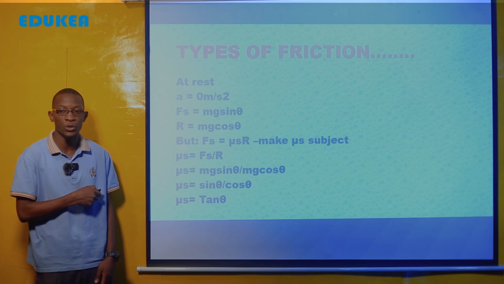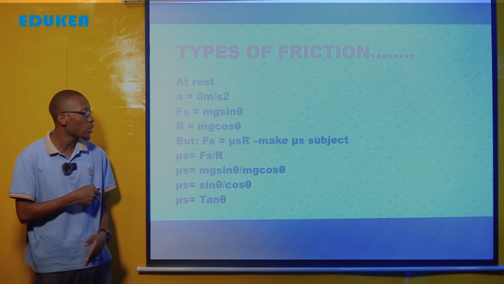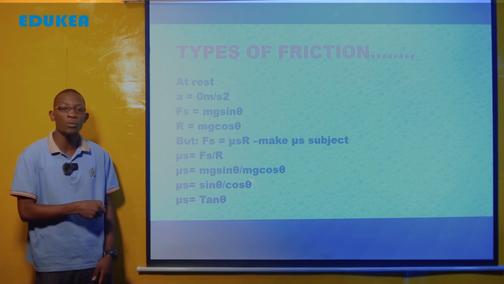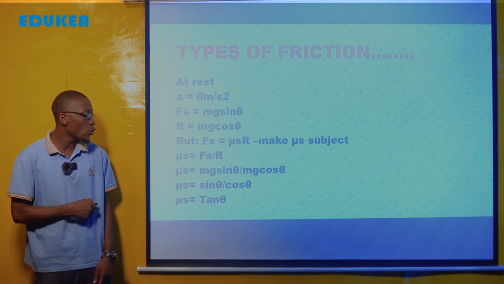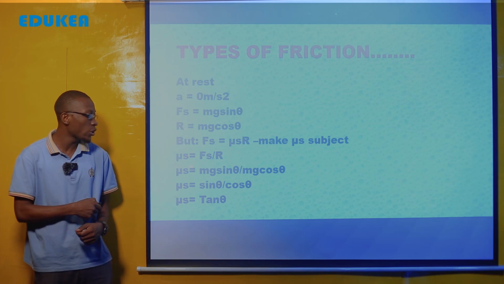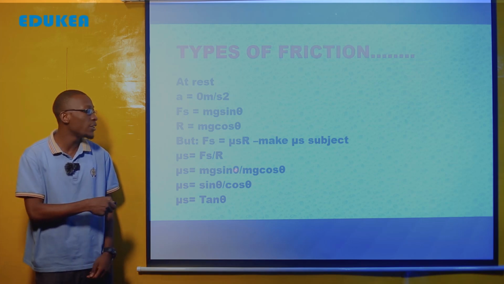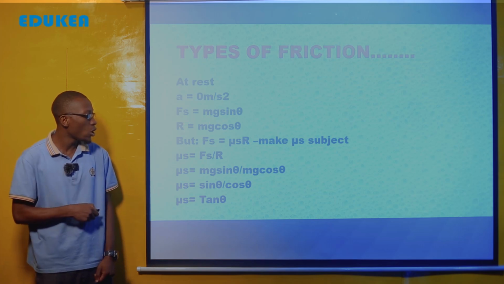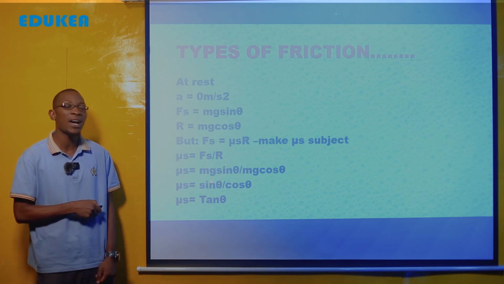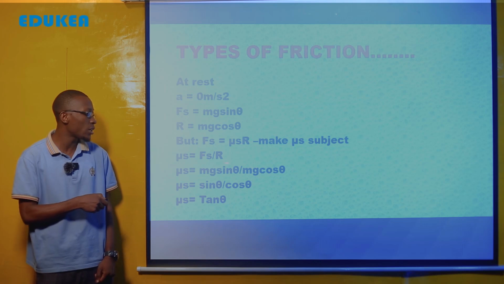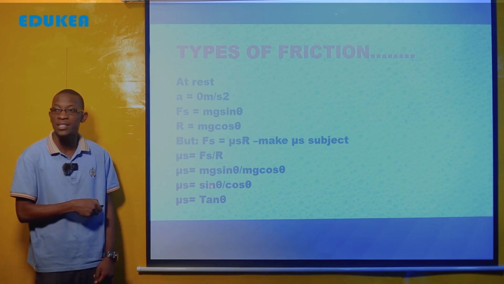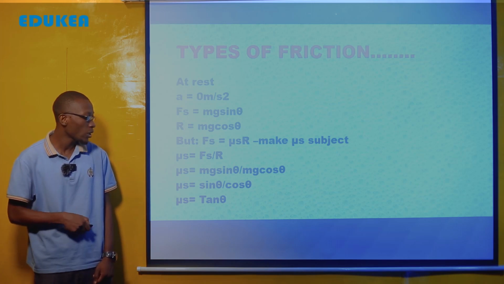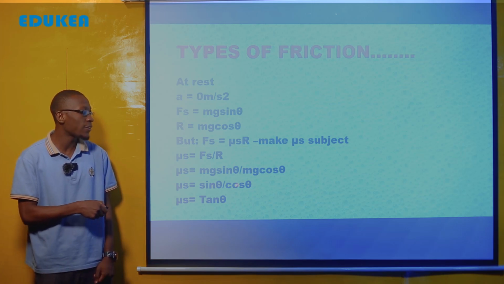So the coefficient of static friction is equal to the frictional force divided by the normal reaction, which is mg sin theta divided by mg cos theta, as derived from above. The mg and mg are cancelled out, so the coefficient of static friction is equal to sin theta divided by cos theta, which is tan theta.